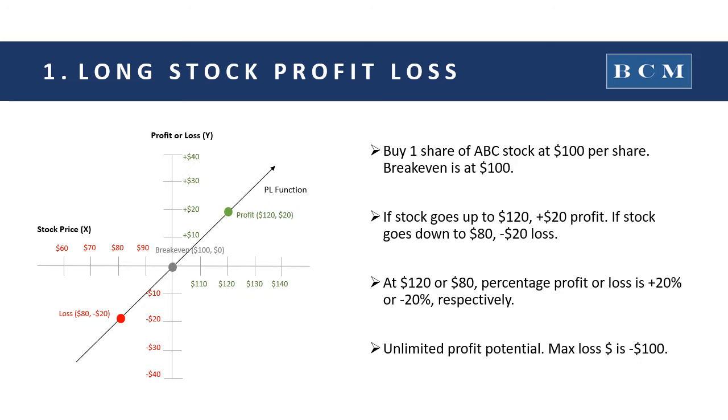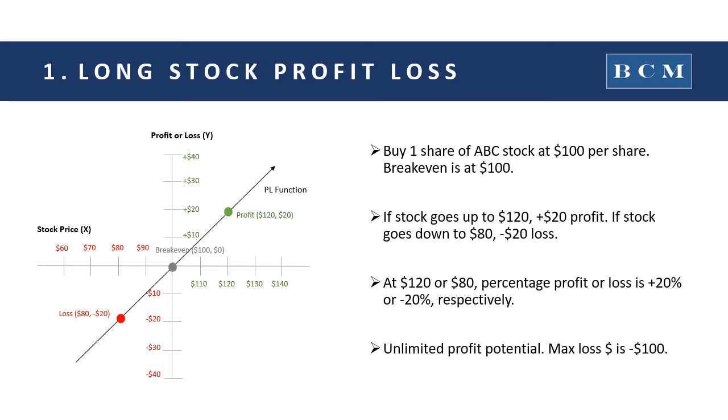Now, in addition to those things, there's a couple of other important things to notice about this long stock diagram. First, notice that the upside profit potential is unlimited. Well, I mean, theoretically, it's unlimited. And that's because the stock price can theoretically keep going up. There's no hard upper limit.